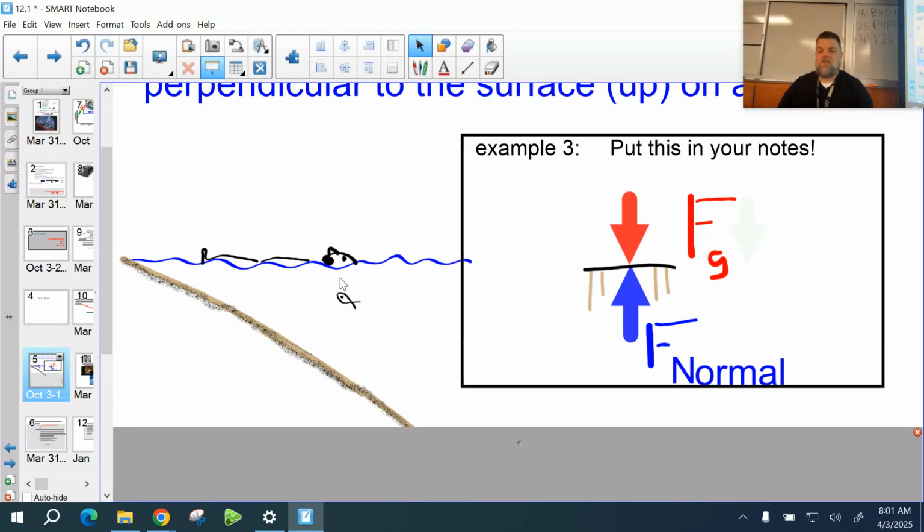I don't know why there's a fish over here and a bobber, other than maybe the bobber is being pulled down towards the center of the Earth, but the water is pushing up. So it just kind of rests on the surface of the water is one way to think about it. If that water wasn't there, that bobber would fall down for sure. But this is really more buoyancy, which, I don't know, there's a buoyancy force.